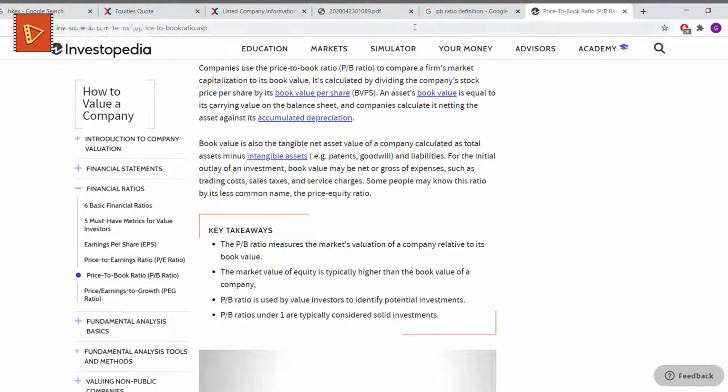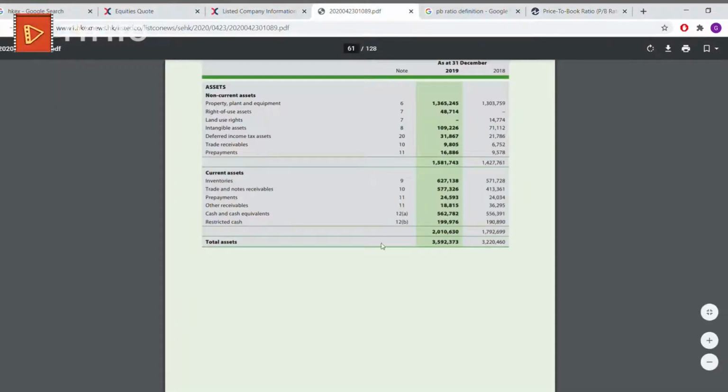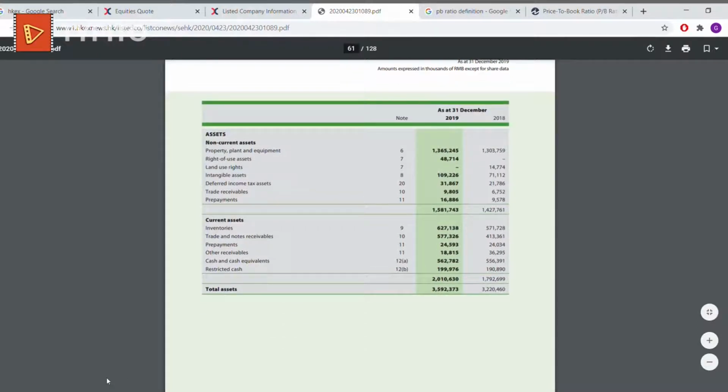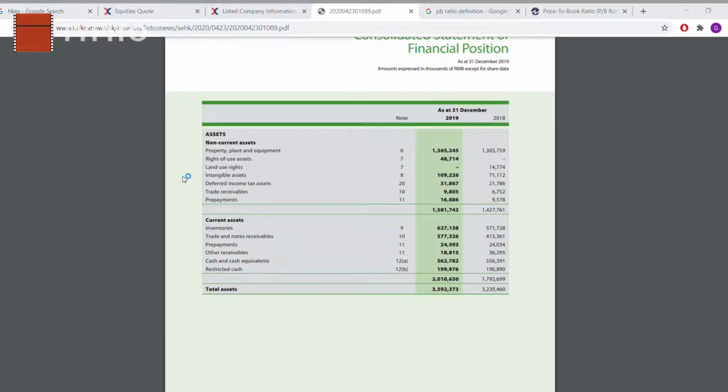So let me do a rough calculation of the PB ratio of this company, Greatview Aseptic Packaging. I will open my Excel, and this is what I'm going to do.